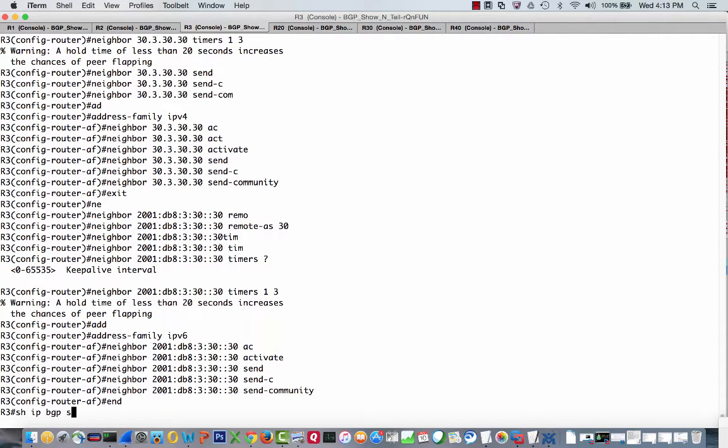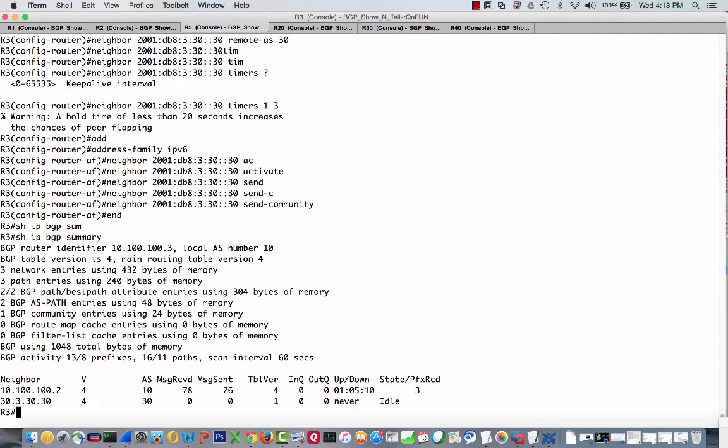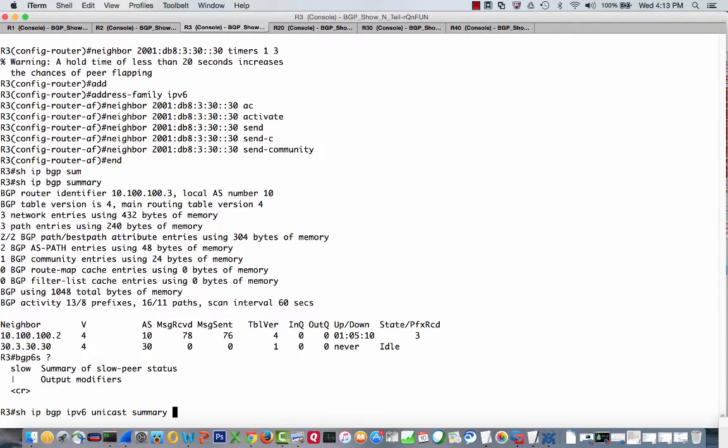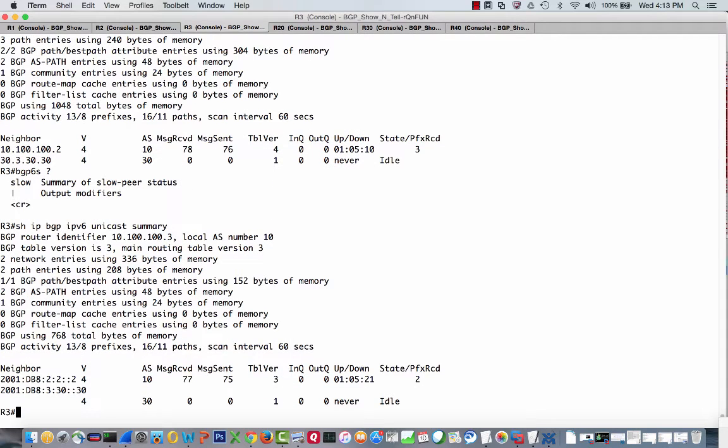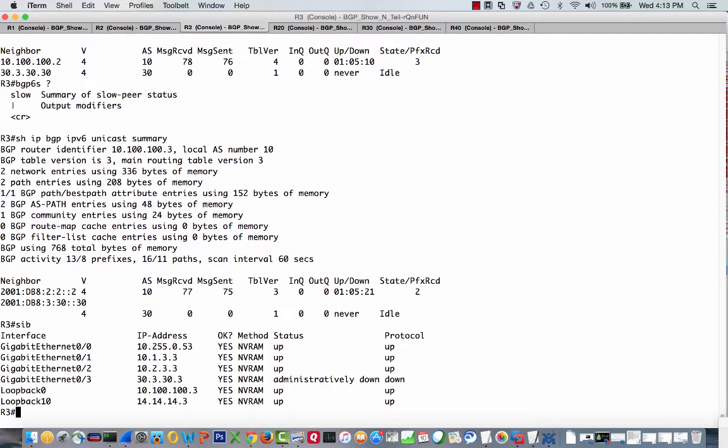So let's do a show IP BGP summary, the IPv4 first. Okay, that's not working. It's idle. So let's look at the v6 one. That's idle also. From show and tell number 1, you know what I did: I had done a sniffer trace. That's what I'm doing again.